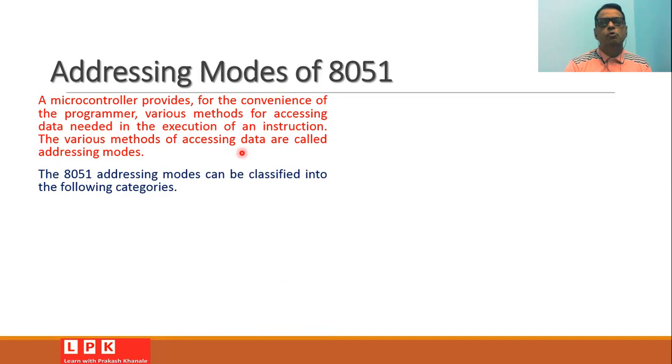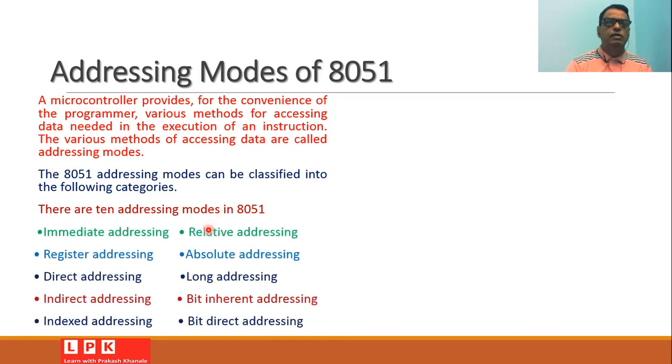8051 addressing modes can be classified into different categories. We can say that there are 10 different addressing modes for the microcontroller 8051. These addressing modes are immediate addressing mode, register addressing mode, direct addressing, indirect addressing, index addressing, relative addressing, absolute addressing, long addressing, bit inherent addressing, and bit direct addressing.